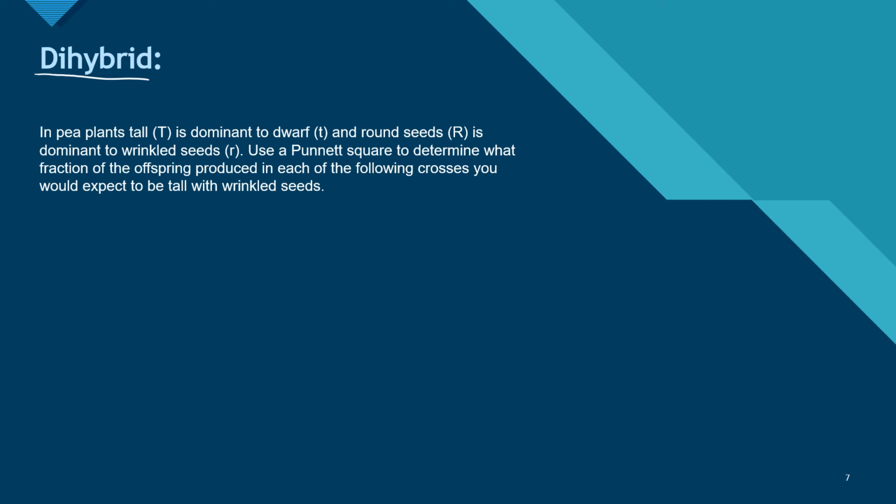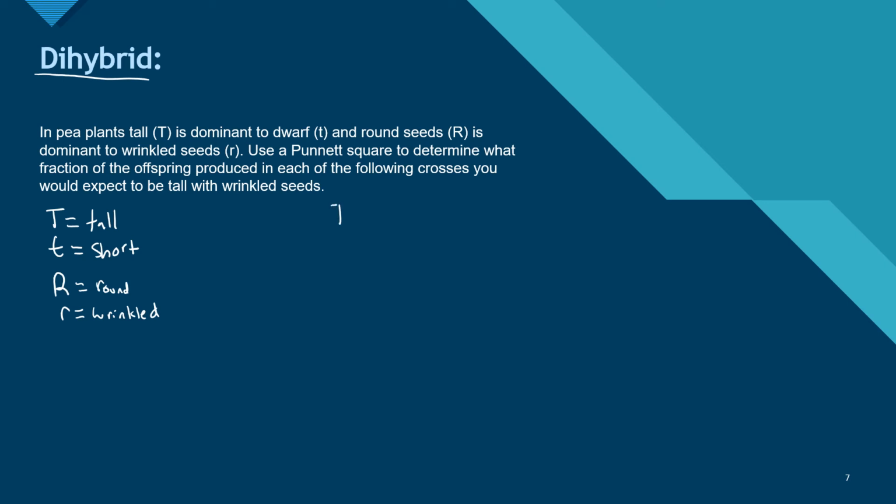Okay, so let's just start off by writing out our steps. So we have big T equals tall, little t equals short. Then we have big R, which is round, and little r, which is wrinkled. And now we just have to do a cross between the two.